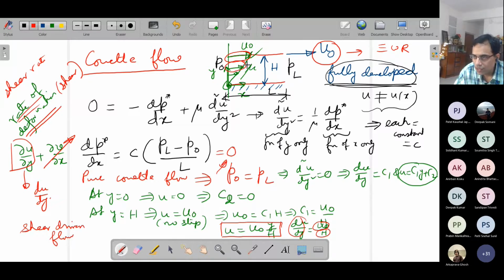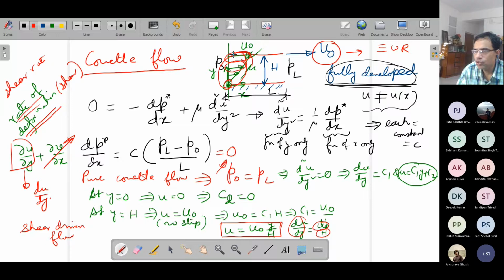It implicitly feels the effect via viscosity, so it will not move with velocity u0, but with a velocity somewhat less than u0, not abruptly 0. It will come to 0 only at that location where it is forced to be 0. In that way, a velocity field is created by virtue of the shear generated between the two plates. And that is why this is called a shear driven flow.